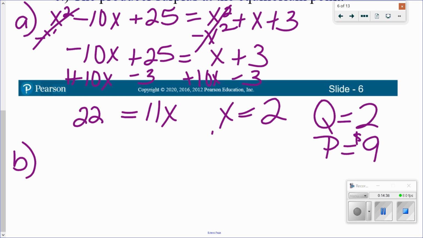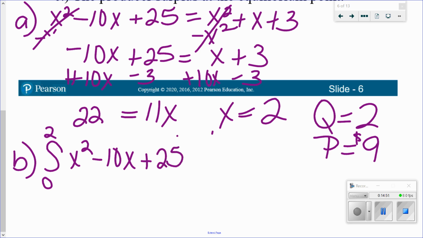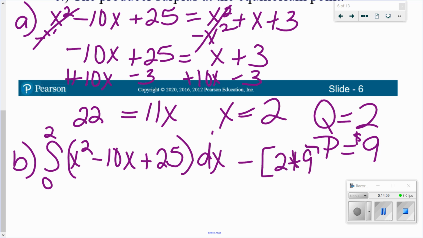We are going to take the antiderivative from 0 to the quantity 2 of x squared minus 10x plus 25. And from that, we are going to subtract 2 times 9.